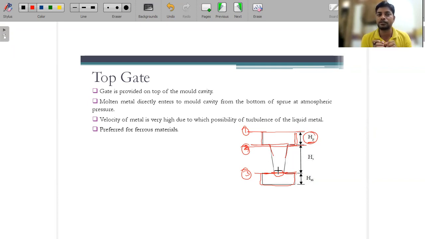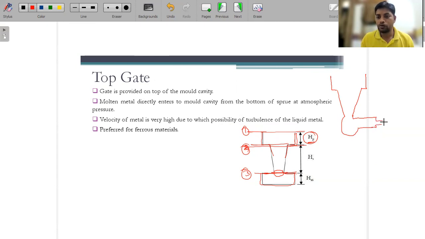In other terms, this is up to the sprue, and after that there is a choke or a skim bob, then there is a runner, and this is the gate.